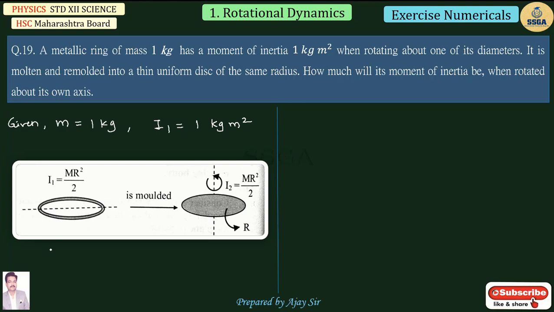Now in this case, initially the ring is given of mass 1 kg and radius, and we convert that ring into a disc, we mold it into a disc of the same radius. Initially the moment of inertia I1 is mr square divided by 2, rotating about its diameter.